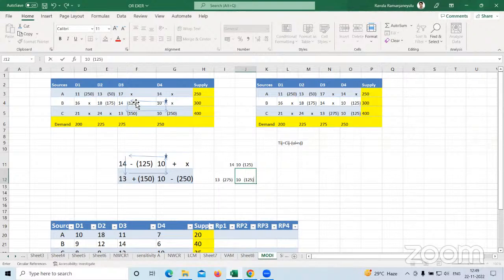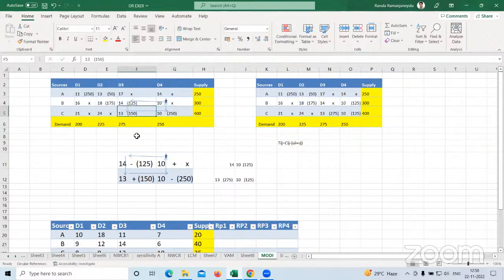These cells have to be replaced with these numbers of units. Are you getting my point? Yes, sir. This 125 units is allocated to this cell, subtracted from this, and added to this.